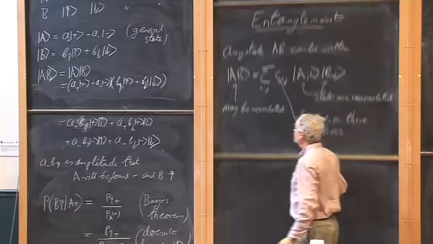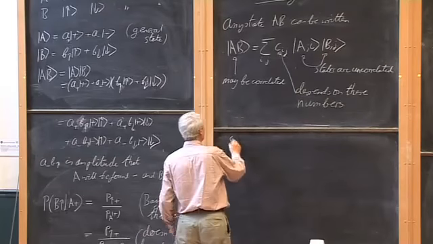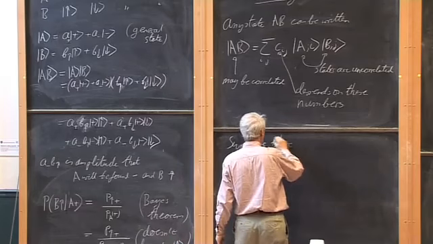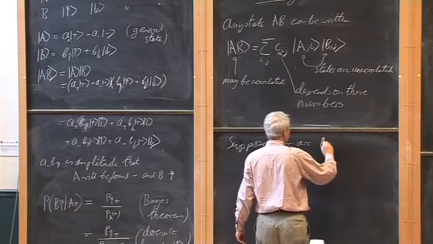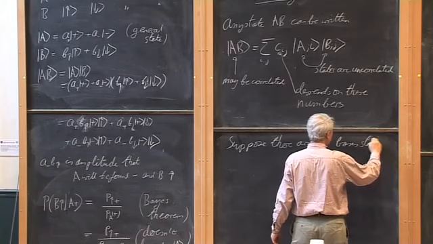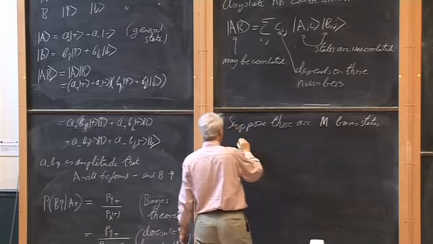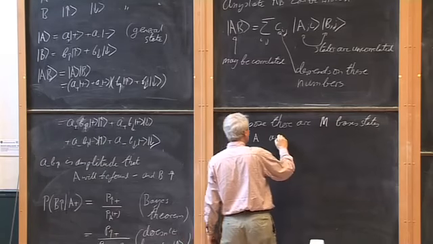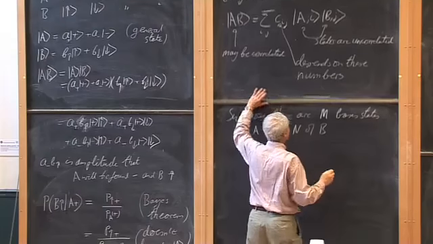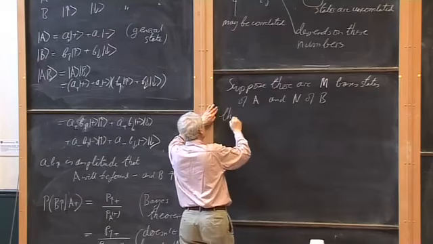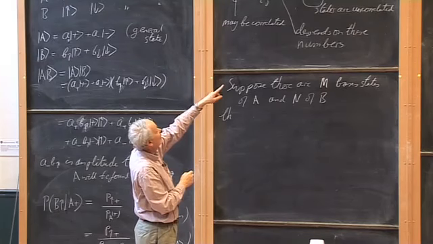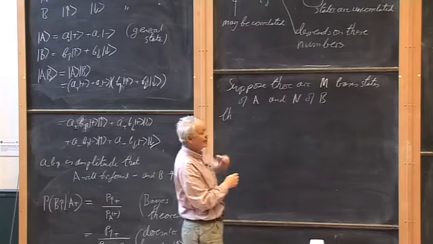So let's do a little bit of quick counting. Suppose there are m basis states of A and n of B. So there are m values that i can take, and there are n values that j can take.